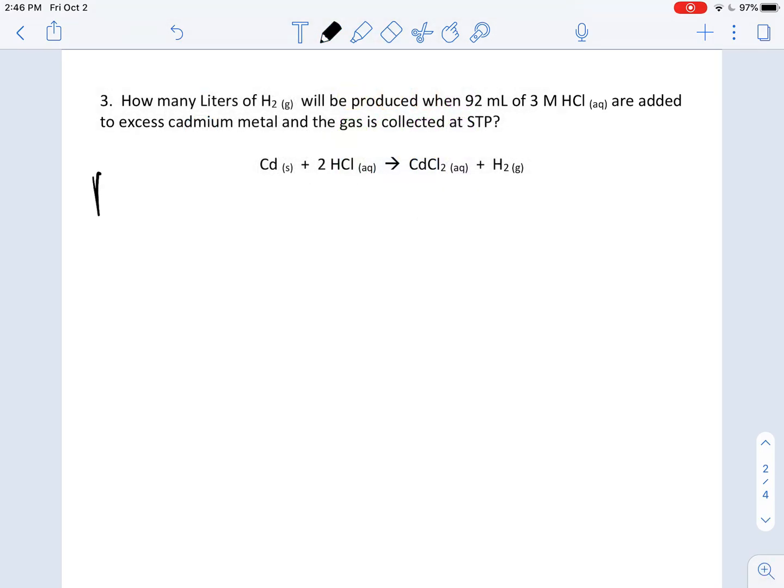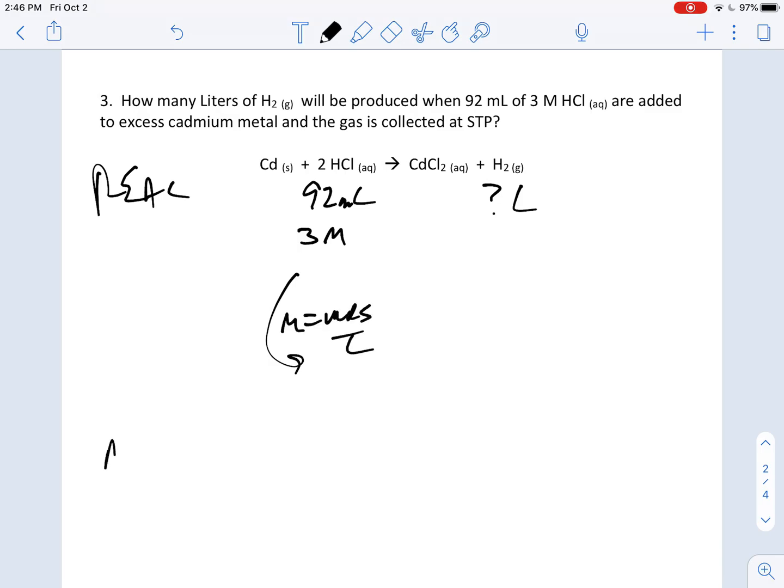So we're going to start with some real world unit. I've got 92 milliliters of 3 molar hydrochloric acid, and I want to end up here with liters of gas. So I'm going to have to use my equation that molarity is equal to moles per liter in order to get down to the mole world down here. And so that is going to be about 0.276 moles once you change your 92 milliliters into 0.092 liters.